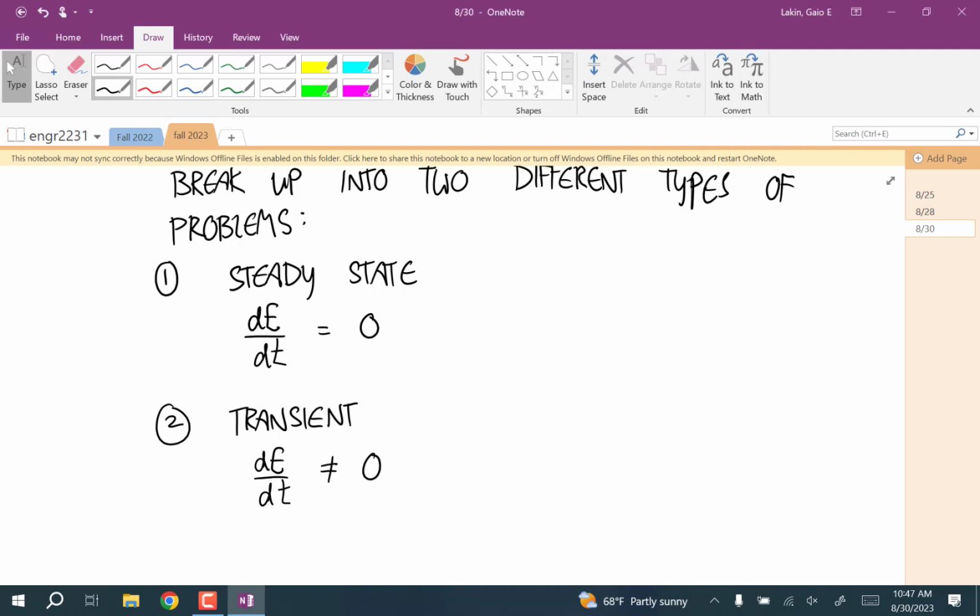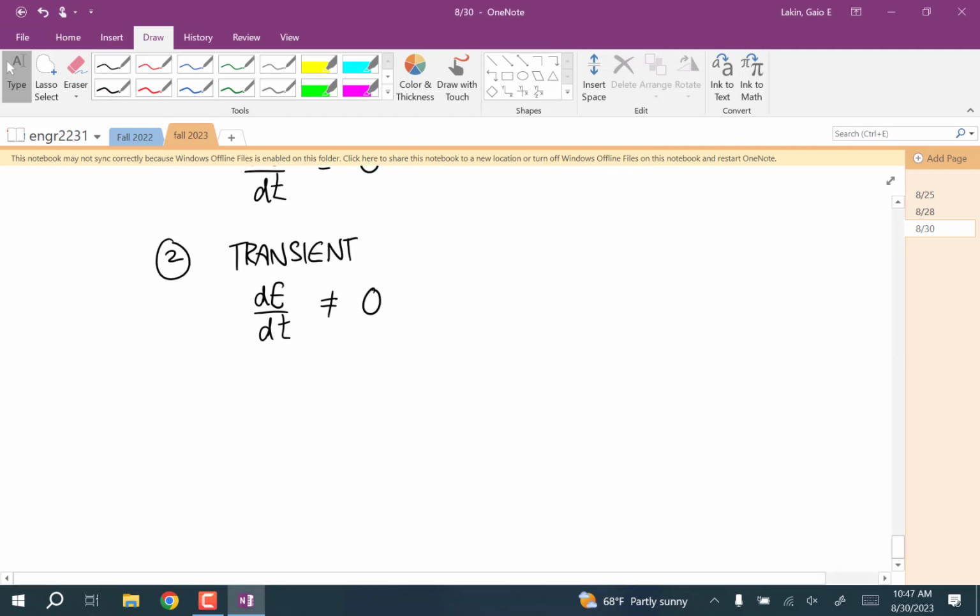The first case where we want to use this differential form of the first law, it's useful for heat transfer problems.